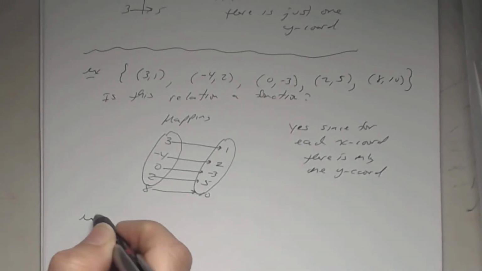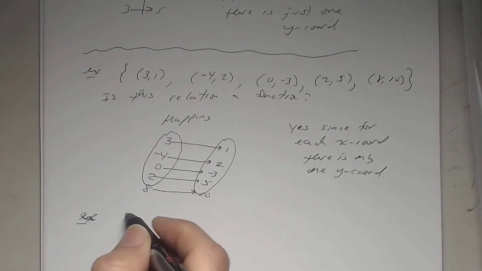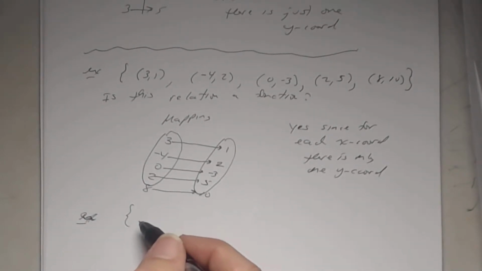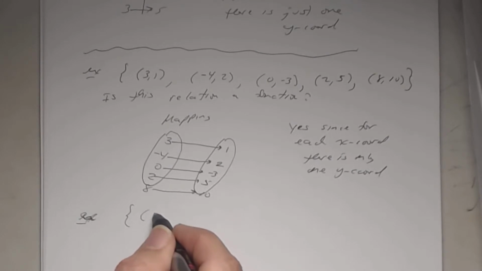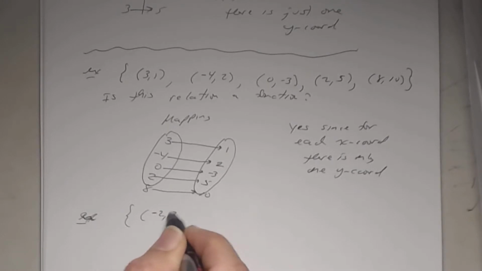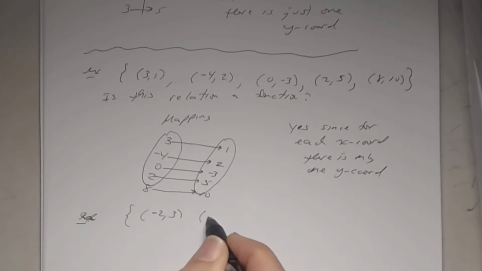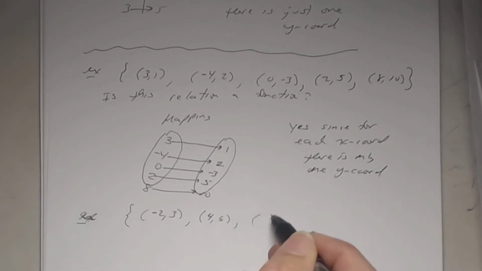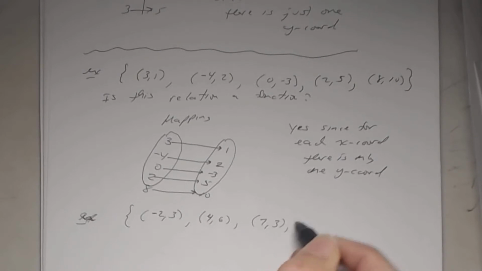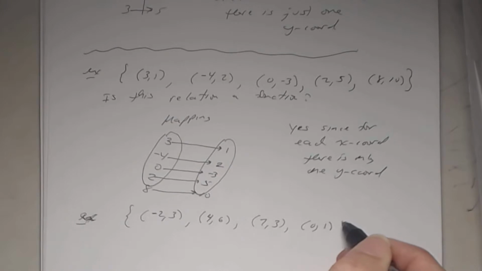All right, let's look at this one. We look at another set of ordered pairs. This time, let's say we had (-2, 3), (4, 6), (7, 3), (0, 1), and (-1, 2).